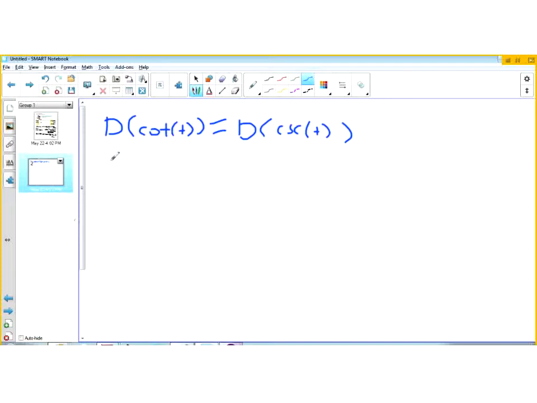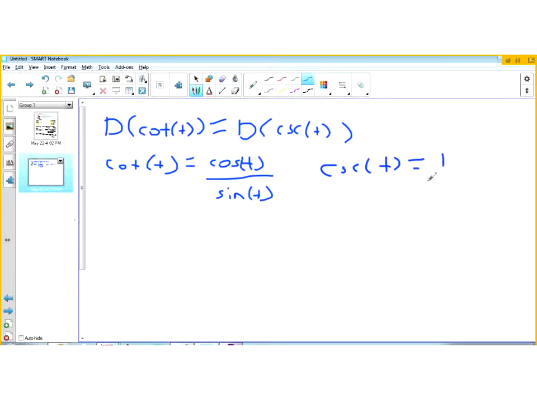All right, and so cotangent t, by definition, is the cosine of t divided by the sine of t, and the cosecant of t is 1 over the sine of t. Okay, so the restrictions are, for these two functions, the sine of t cannot be 0. So the ordinate of the terminal point for t cannot be 0.